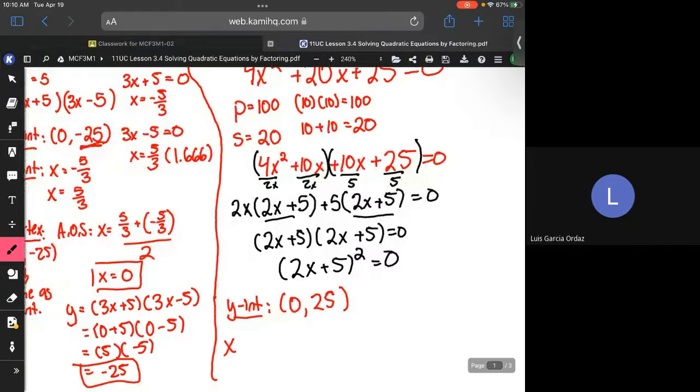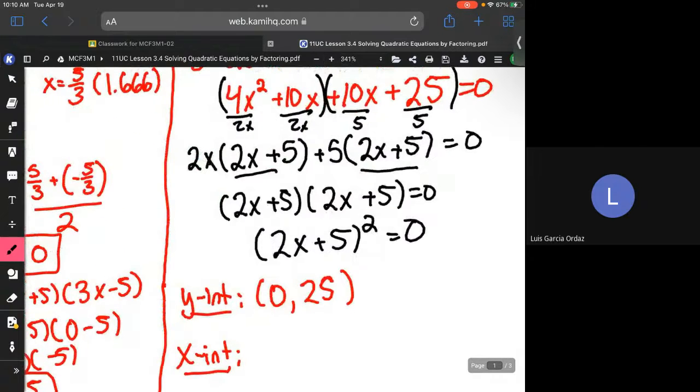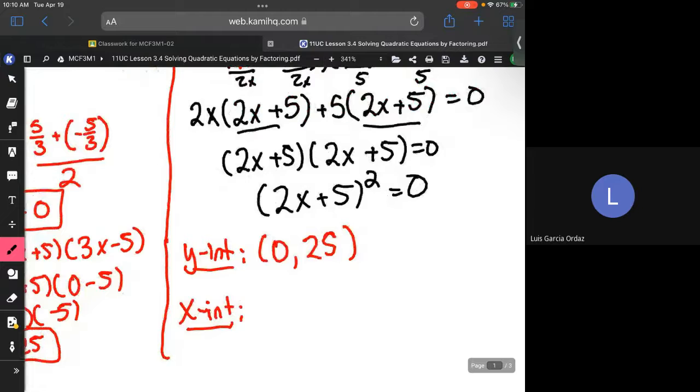Now, can someone tell me what my x-intercept is going to be? What do I have to set my bracket equal to? So what would it be if I set it equal to 0? So 2x plus 5, set that equal to 0.